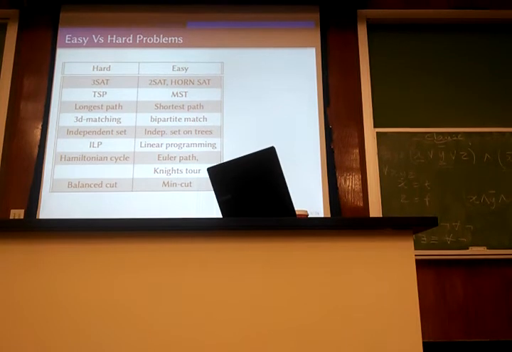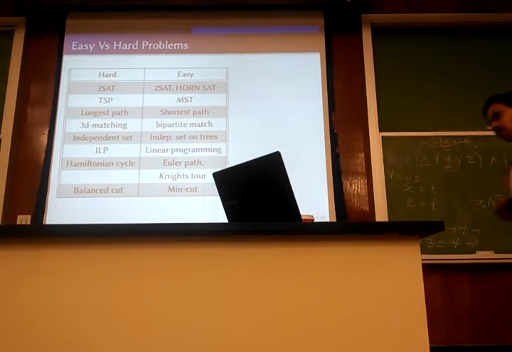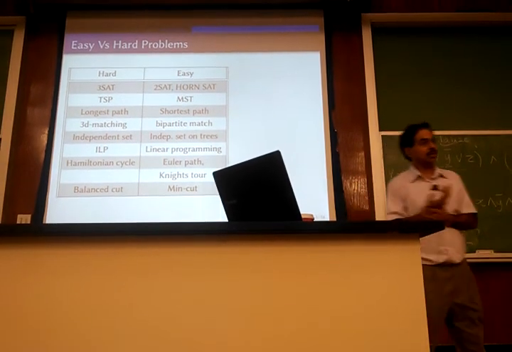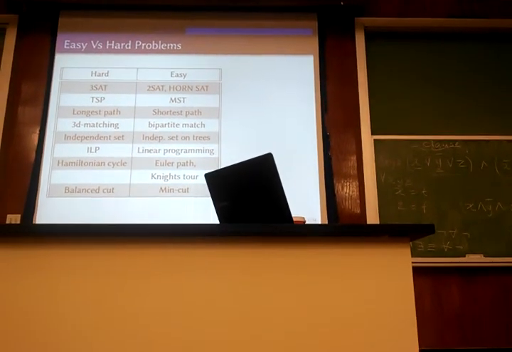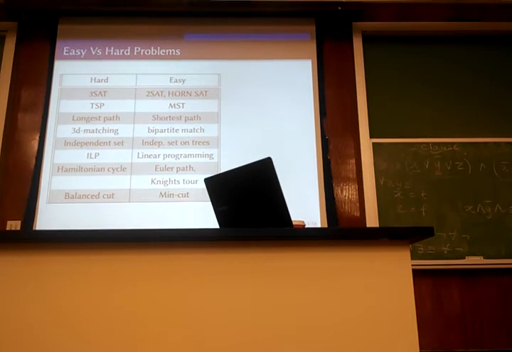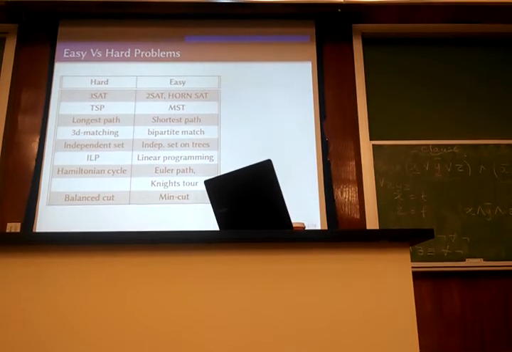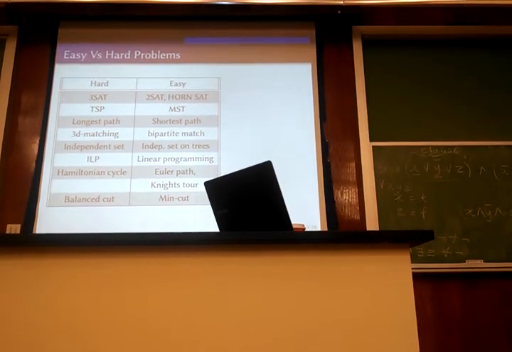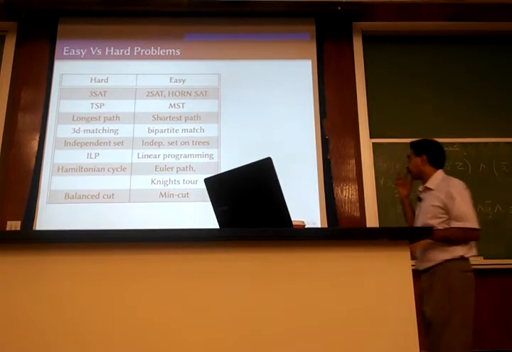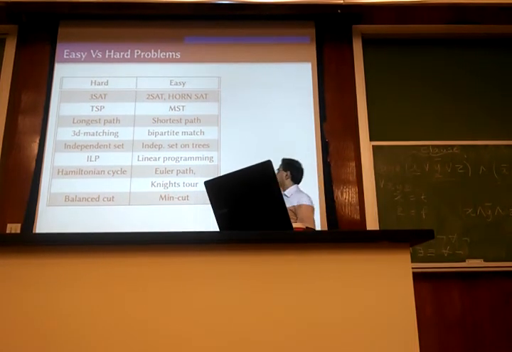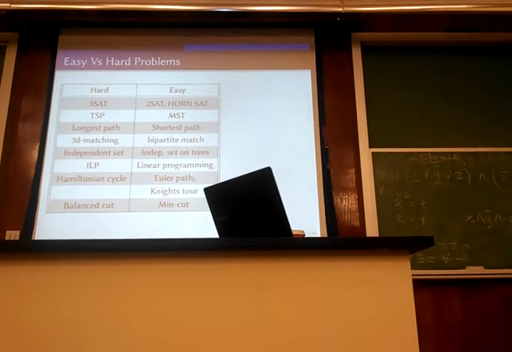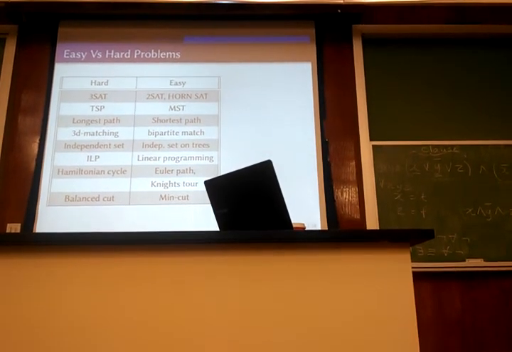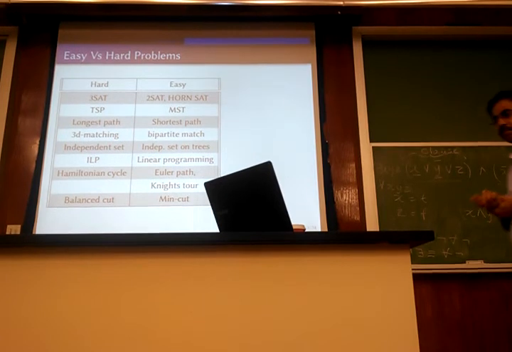And there's a homework problem where I asked you to deal with finding Euler path, right? And there's a simple criteria for determining whether there is an Euler path, and if it does, you know how to find it. And again, Knight's tour, as I said, is a very similar problem, but somehow it has a very efficient solution. But Hamiltonian cycle in general doesn't have a good solution.